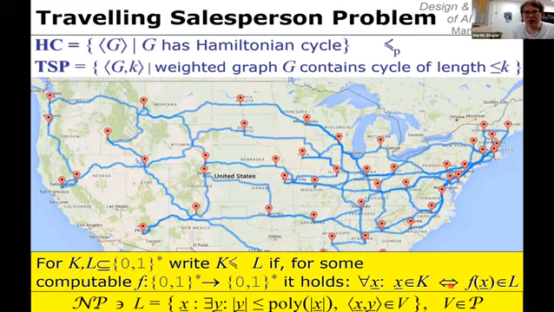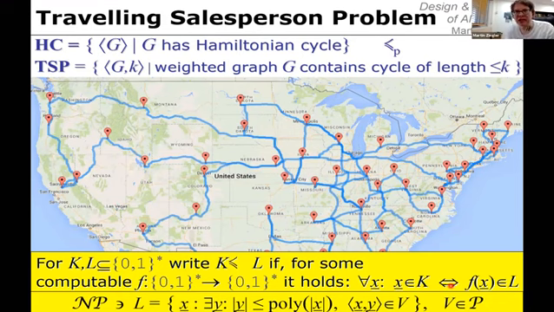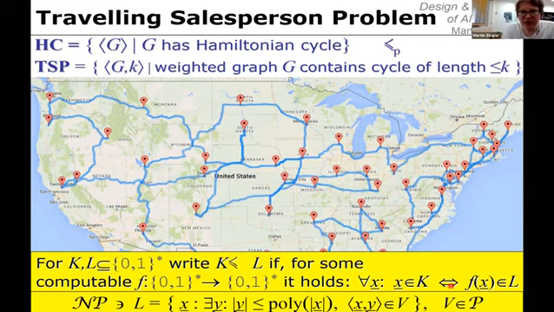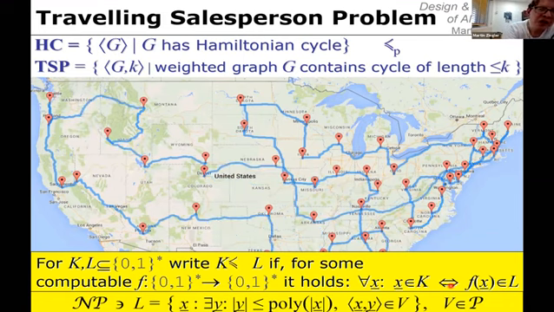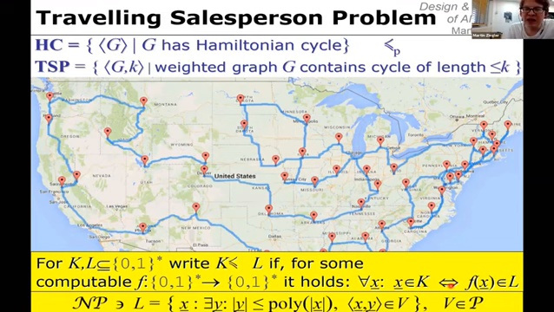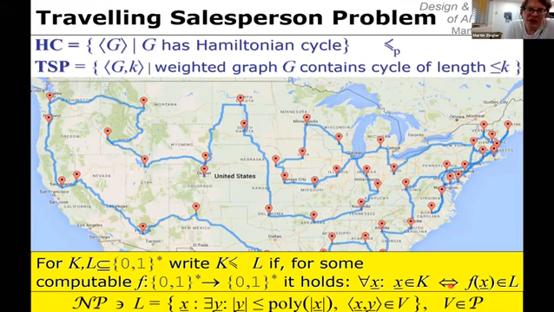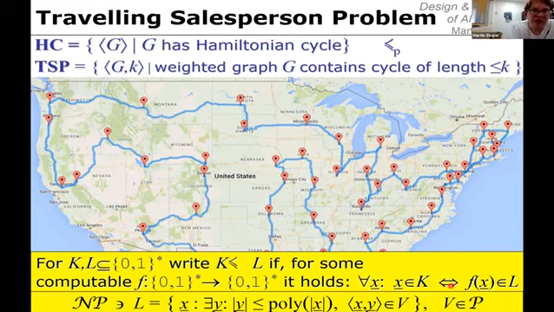So to summarize, we've just seen our second example of a polynomial time reduction, from Hamiltonian cycle to the traveling salesperson problem. Intuitively it was clear that asking whether a graph has a Hamiltonian cycle should be easier than asking whether a given graph has a cycle of length at most k.